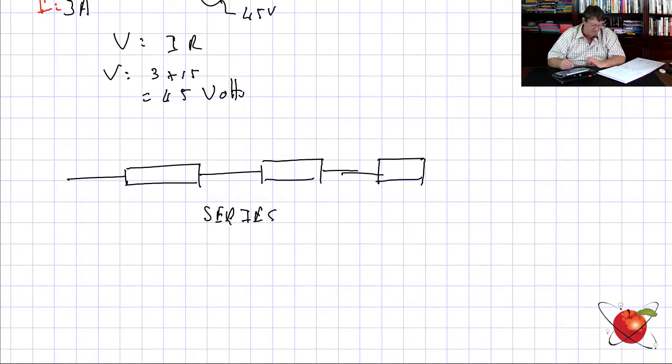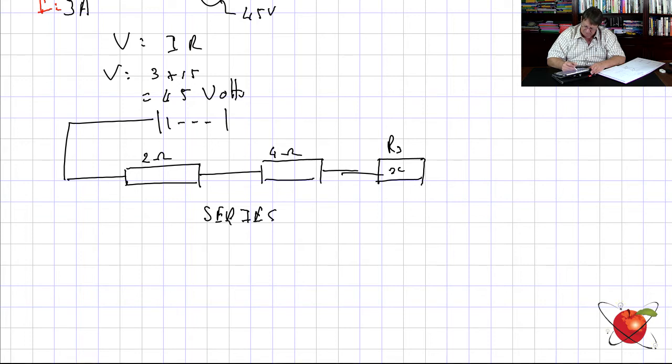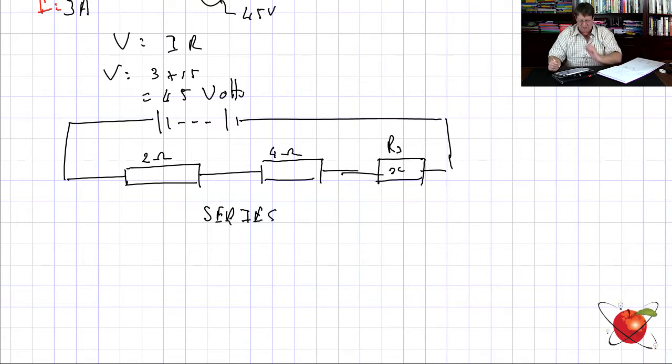In series over there, if I say to you, this is a 2 ohm resistor, this is a 4 ohm resistor, and R3 is equal to X, okay? And I tell you that we've got a 12 volt battery, like so. I haven't put switches or things in. So we've got that.